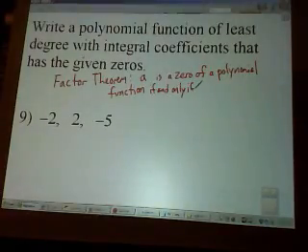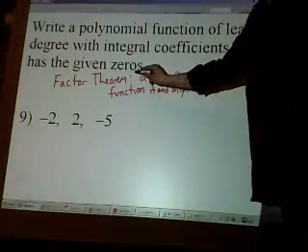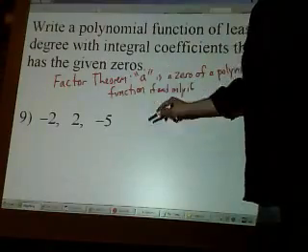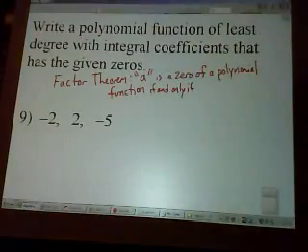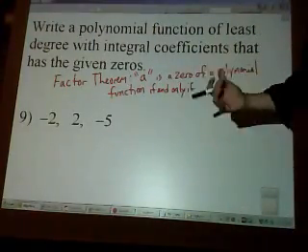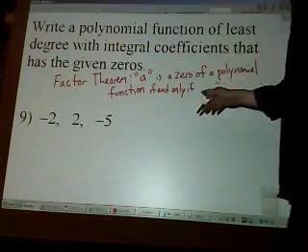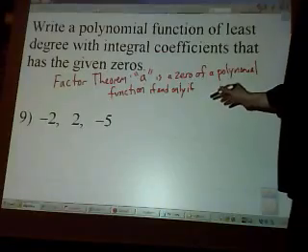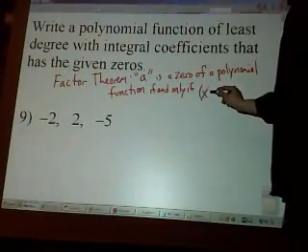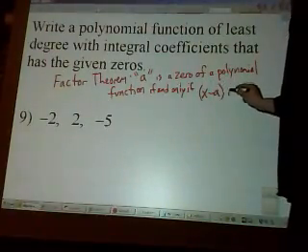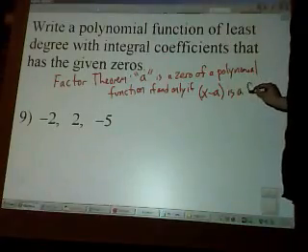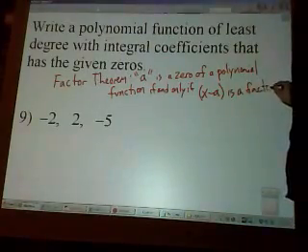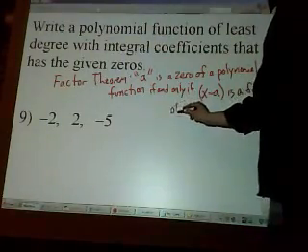Let me put this a in quotation marks so you know that we're talking about the number a. A is a zero of a polynomial function if and only if x minus a is a factor of the polynomial.